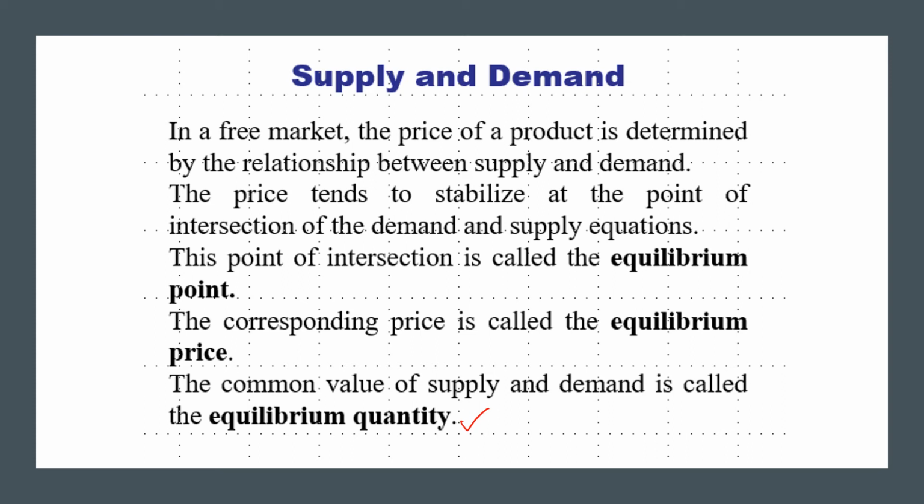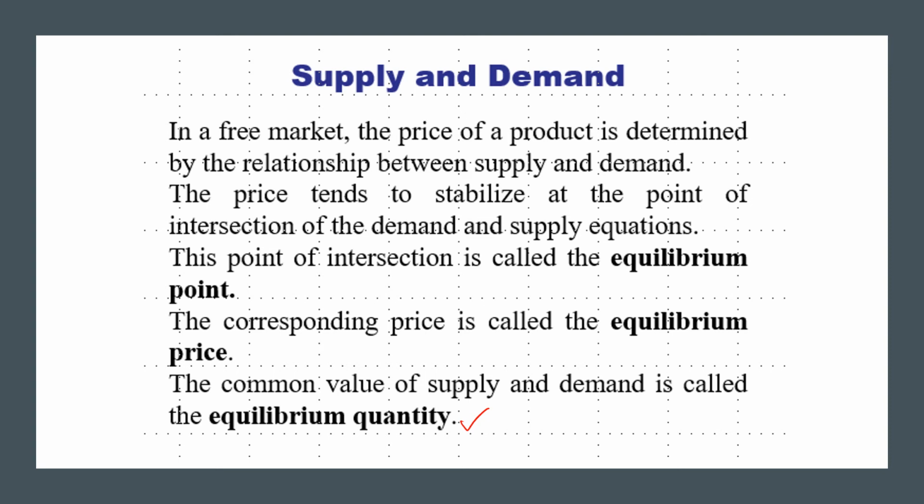Then the next application is the supply and demand. We call the point of intersection of the two equations, the equation of the supply and the equation of demand, as the point of equilibrium. So we need to find the equation of supply and the equation of demand and find the point of intersection of that.